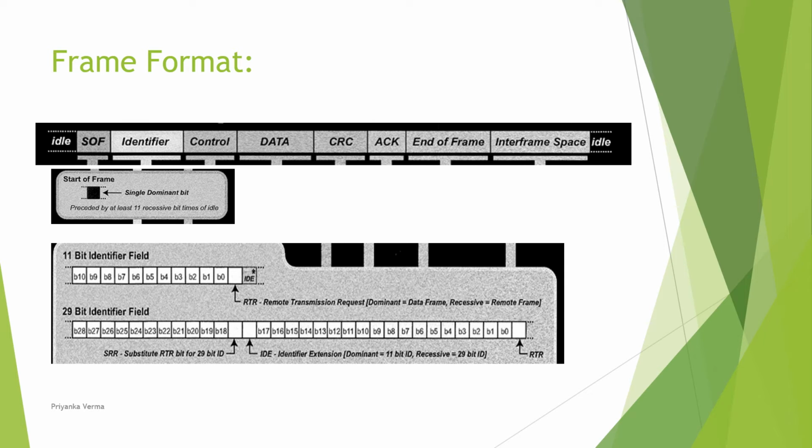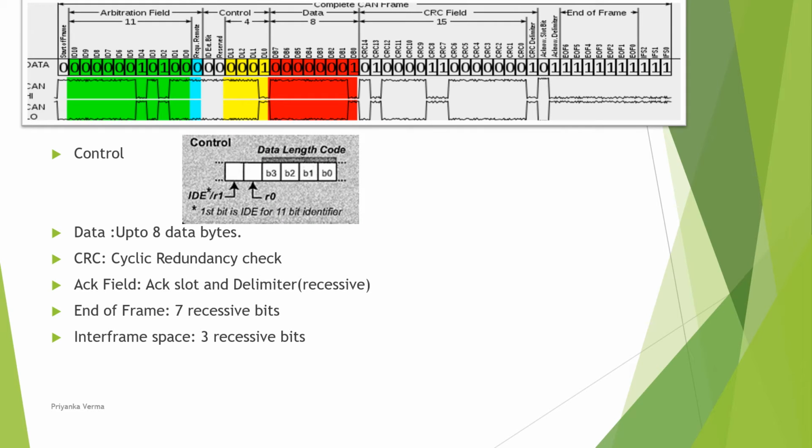The other two you see here, R1 and R0, are the reserved bits in the 11-bit identifier format. The next thing is the data, which can be up to 8 data bytes.